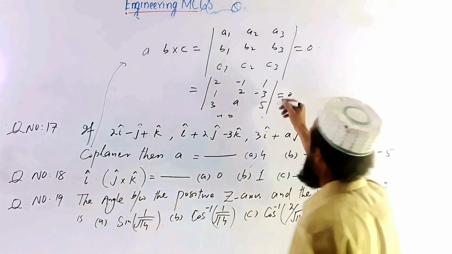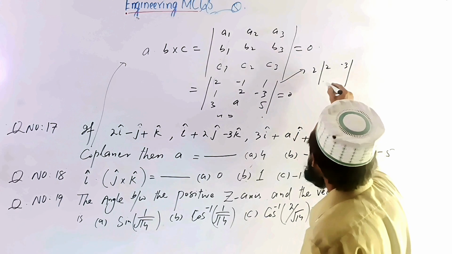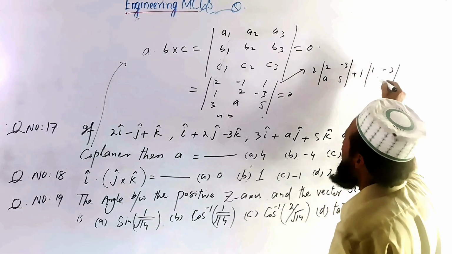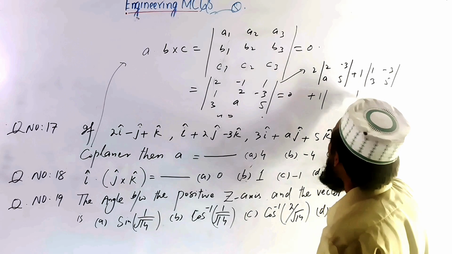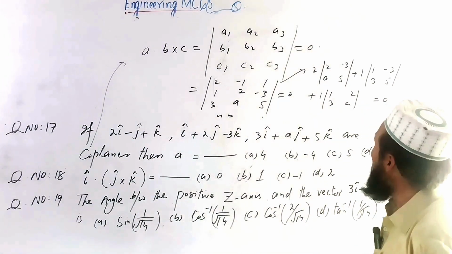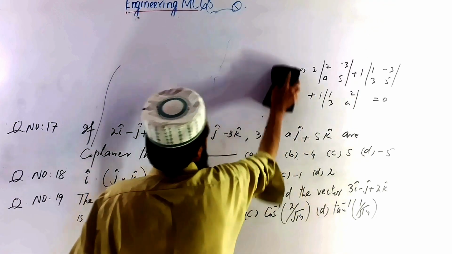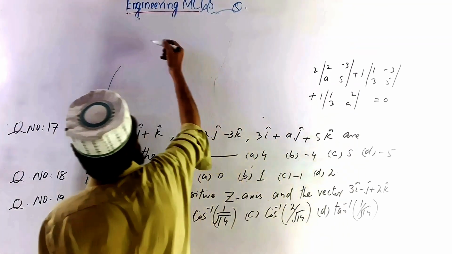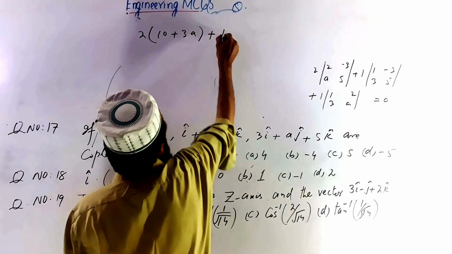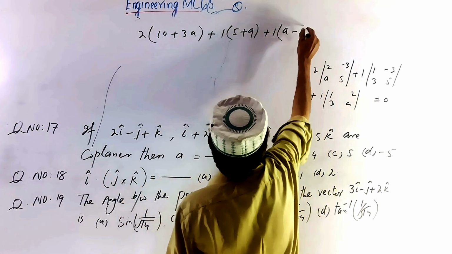Expanding by the first row, we get 2 times (10 plus 3a) plus 1 times (5 plus 9) plus 1 times (a minus 6) equal to 0.